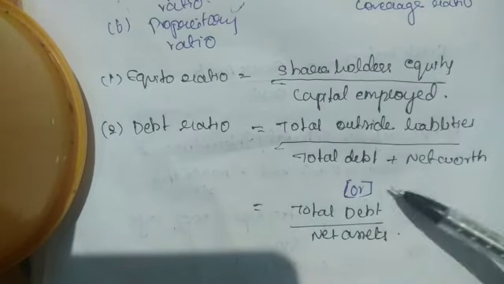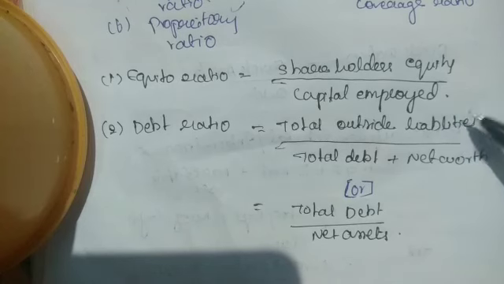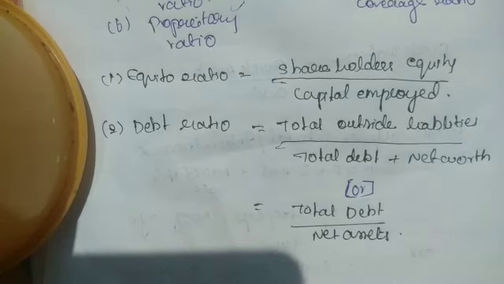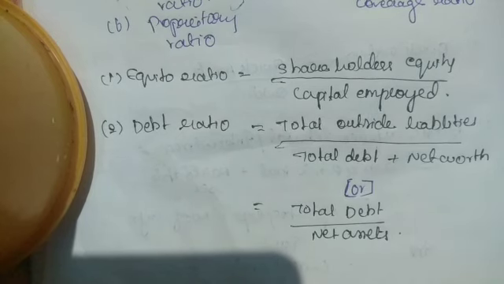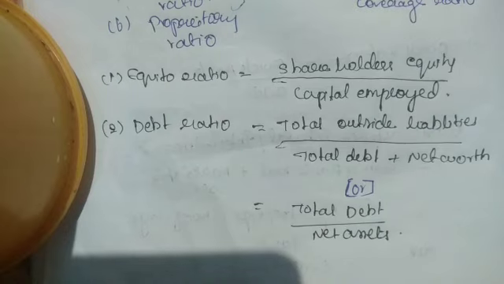This total debt or total outsiders' liability includes all the short-term and long-term borrowings from financial institutions, debentures, bonds, deferred payments for buying capital equipment, public deposits, or any interest-bearing loan.